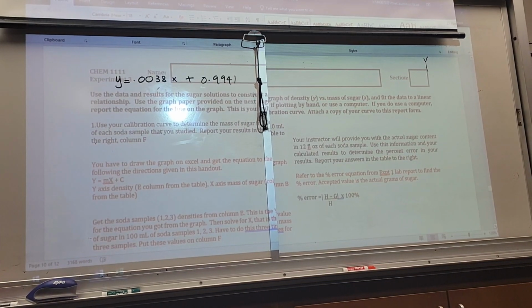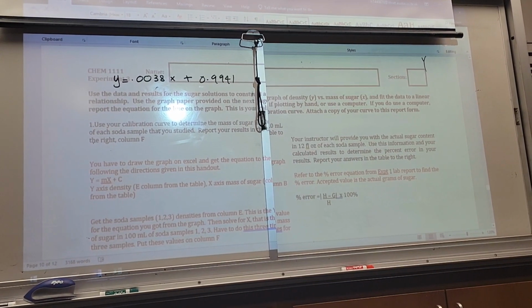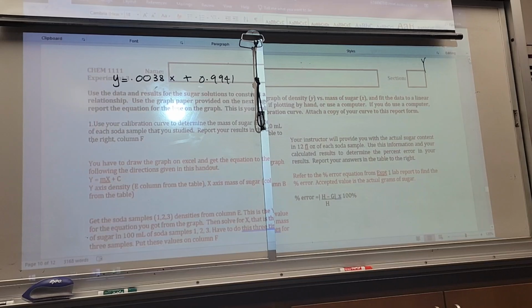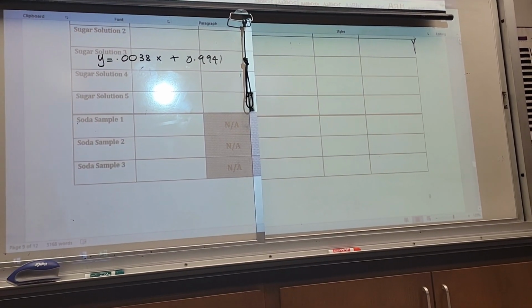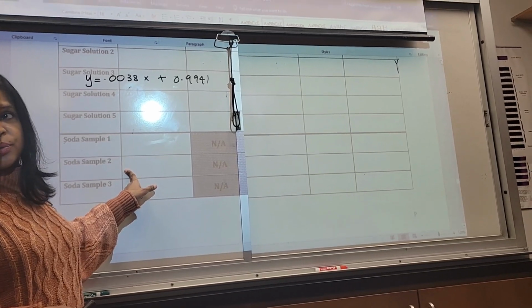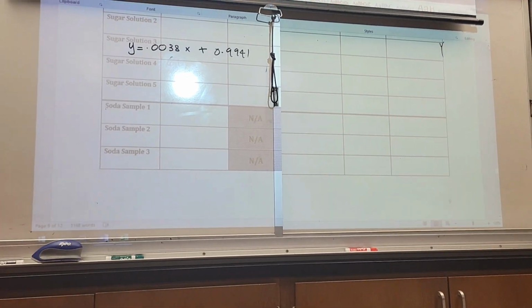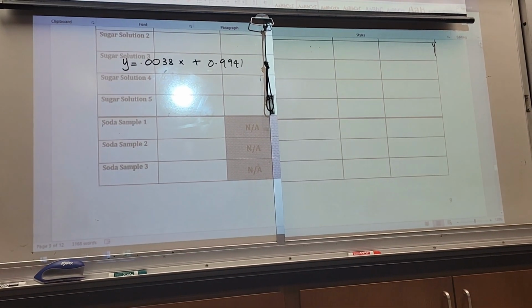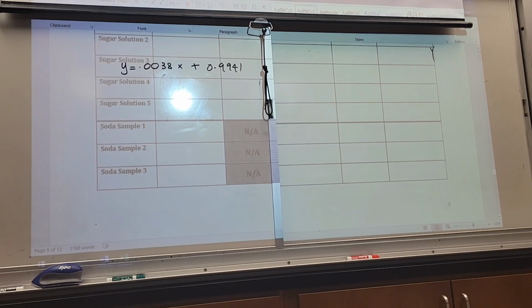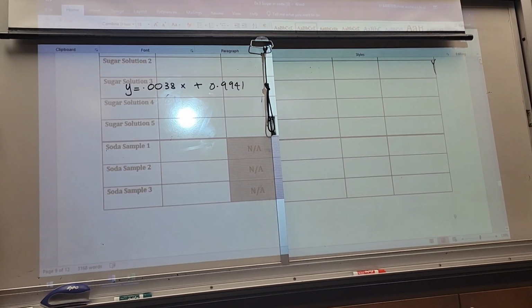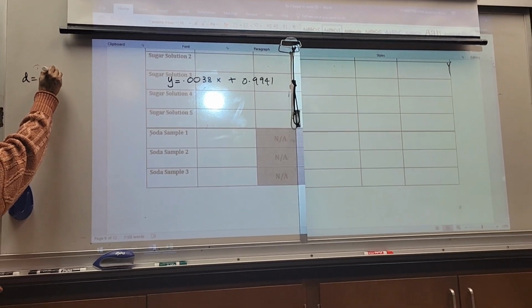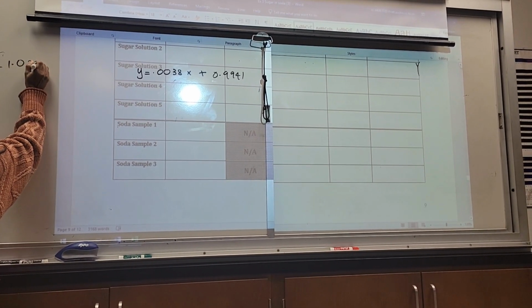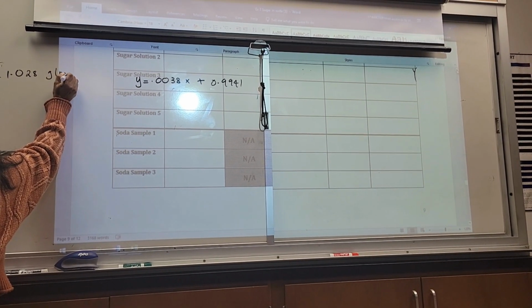Now let's see. Remember, we are able to calculate the density ahead of time for the soda samples 1 and 2, right? And let's assume one of the soda samples, when we did our density calculation, came to be 1.028 grams per milliliter.